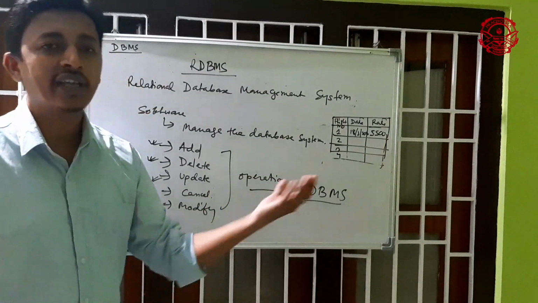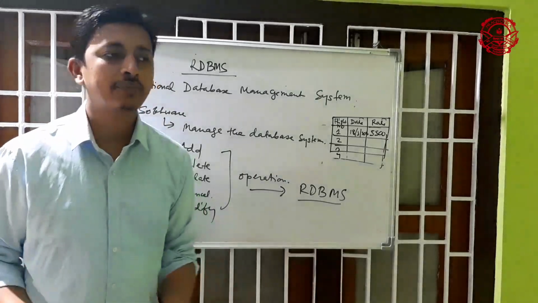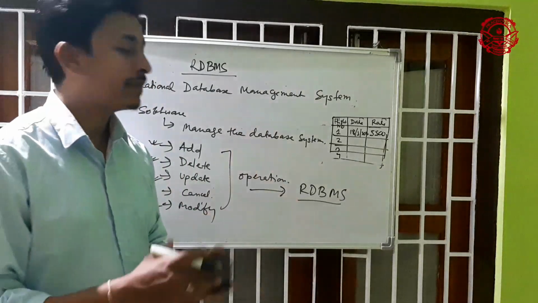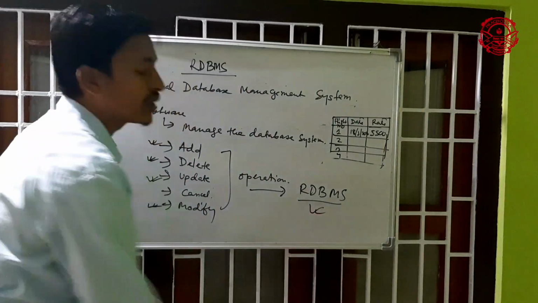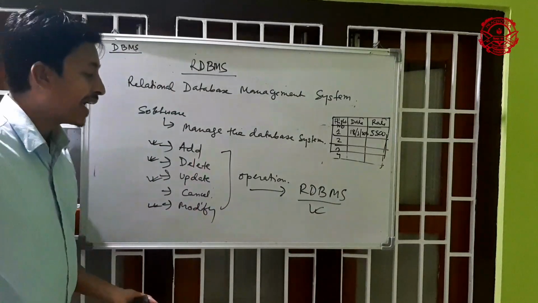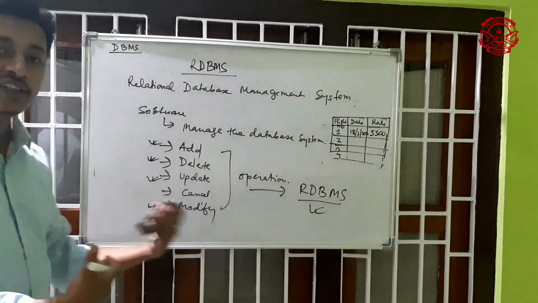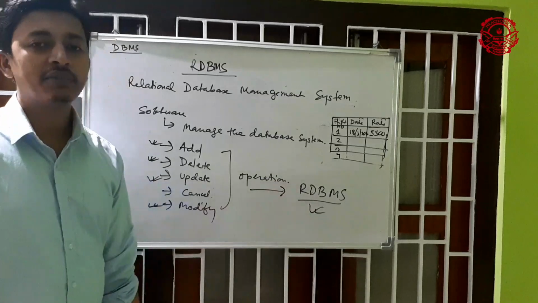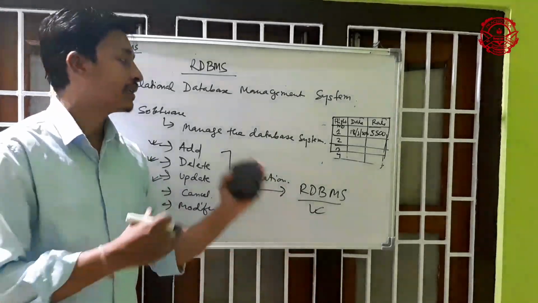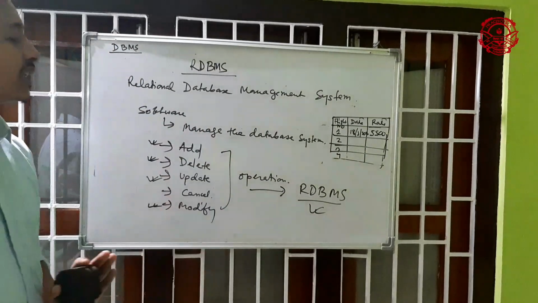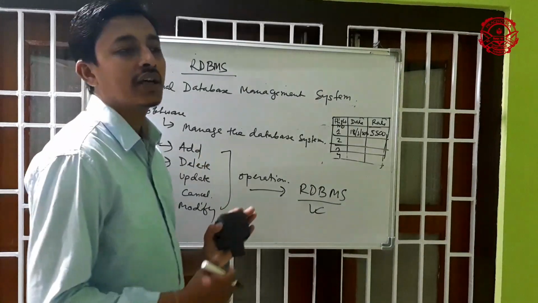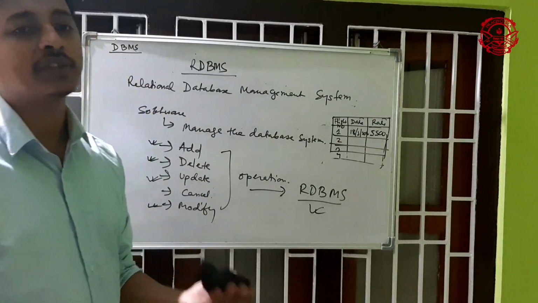Nowadays in every company, like Google, Facebook, WhatsApp, Amazon, Flipkart, every company uses RDBMS, so that users can easily add, easily delete or easily change any operations with the help of this RDBMS. Okay, understand? So RDBMS is very important in every company, every school, every university, everything.